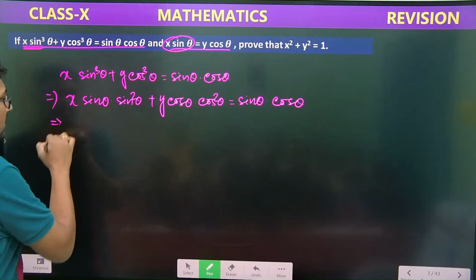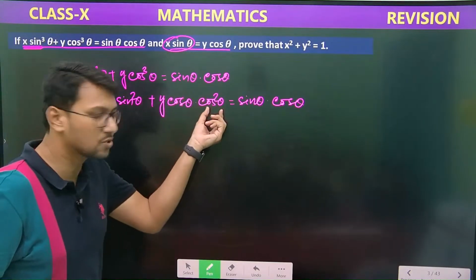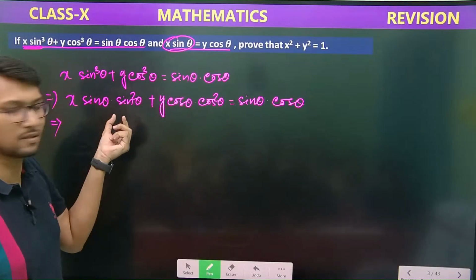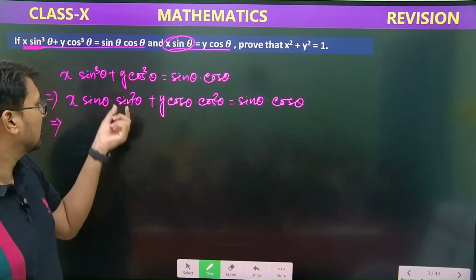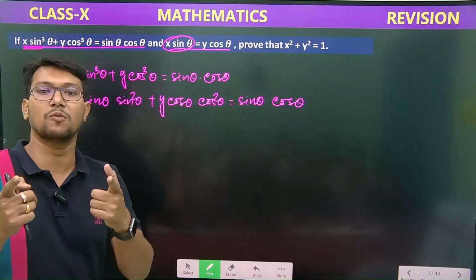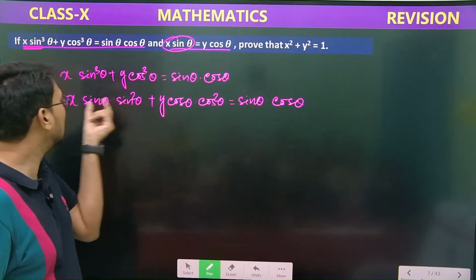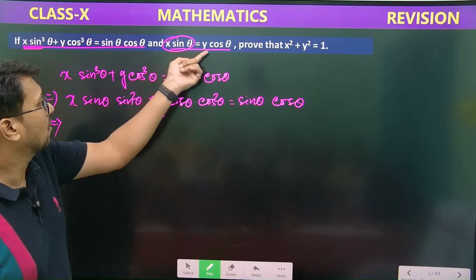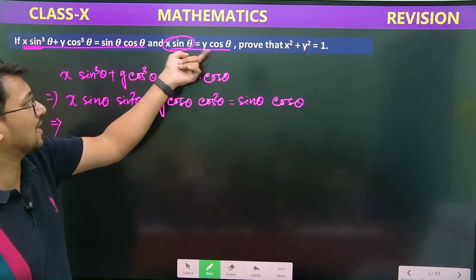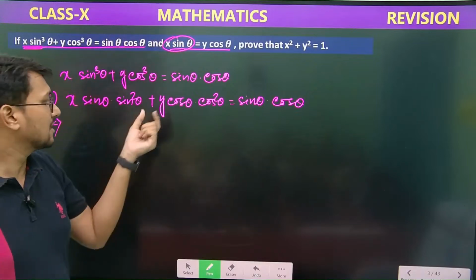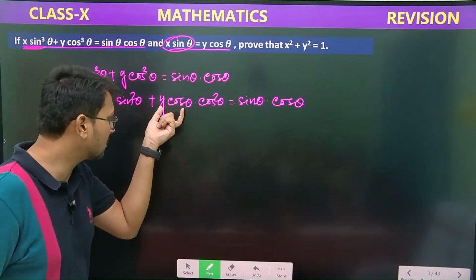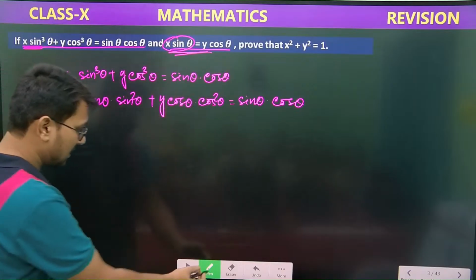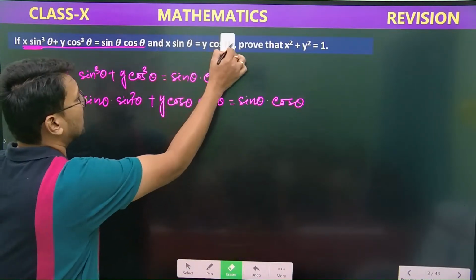Now check. Here we have sin square theta and cos square theta. If this part were common, then sin square theta plus cos square theta would become 1. So how will we take it common? In place of y cos theta, I shall write x sin theta, since it is given.